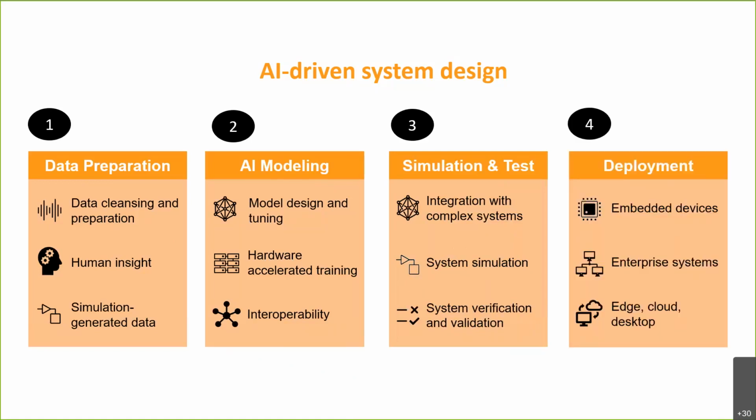And last, ultimately you're looking to deploy into the field, for example embedded devices, enterprise systems, edge, IoT, cloud, and desktop applications. Through our live demonstration today, I will walk through all four steps of the workflow and talk about some of the challenges within each step.